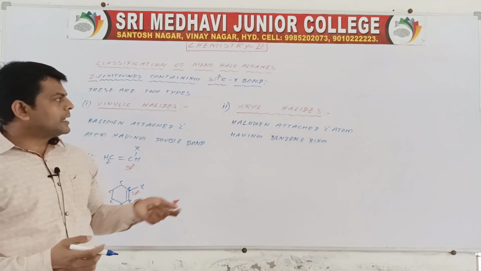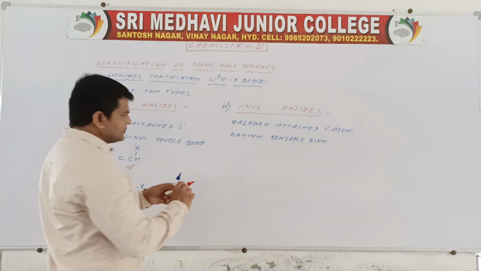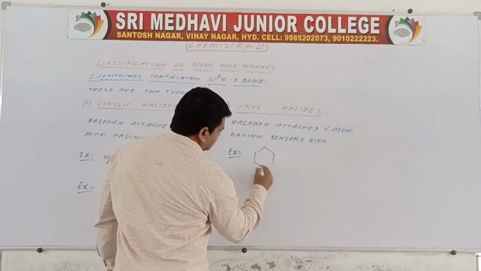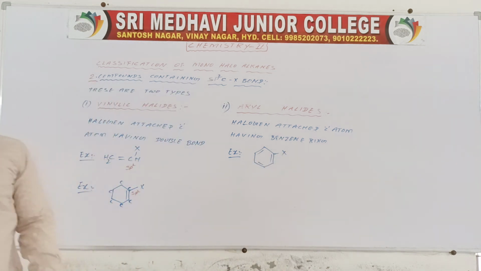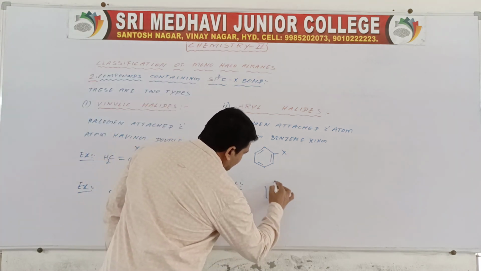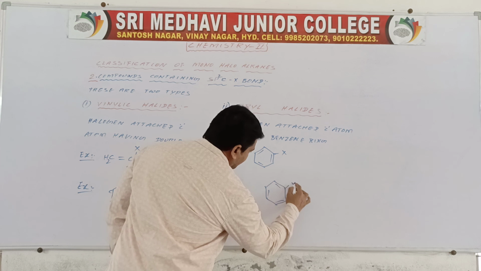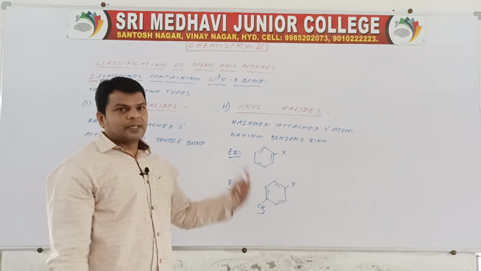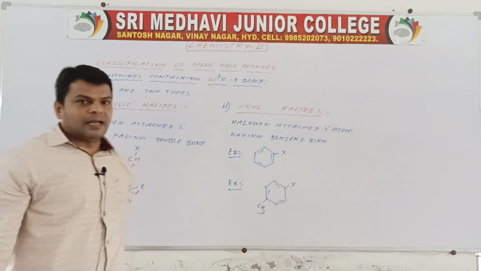They are nothing but aryl compounds. Halogen attached carbon atom having a benzene ring, they are nothing but aryl compounds. For example, and one more example, X with CH3. This is an example for vinylic halides, and this is for aryl halides.